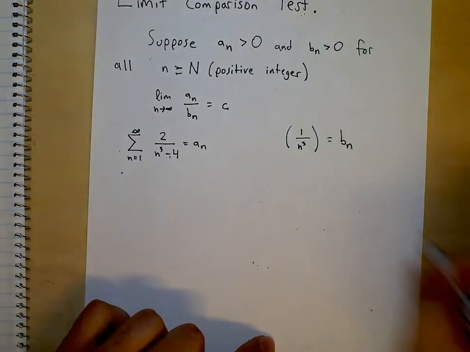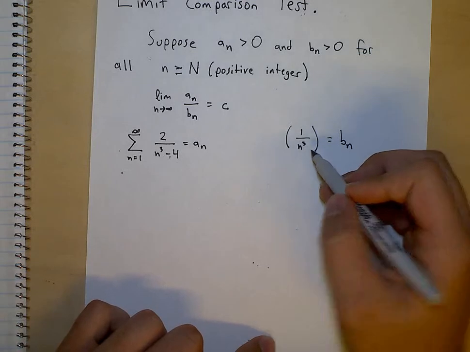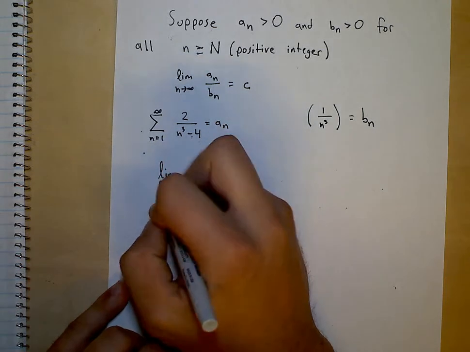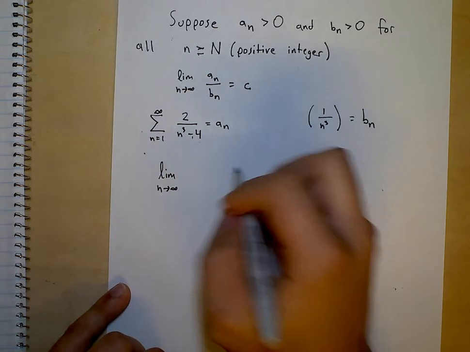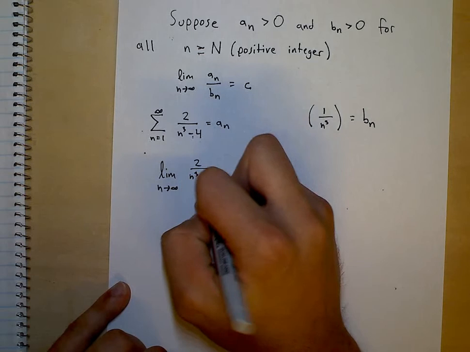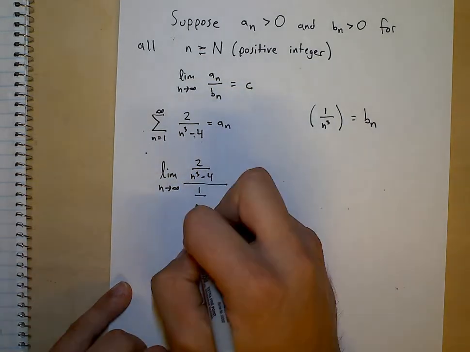Now we know again that this is a convergent series by the p-series test. So following the test, we take the limit as n goes to infinity of a sub n, 2 over n cubed minus 4, divided by 1 over n cubed.